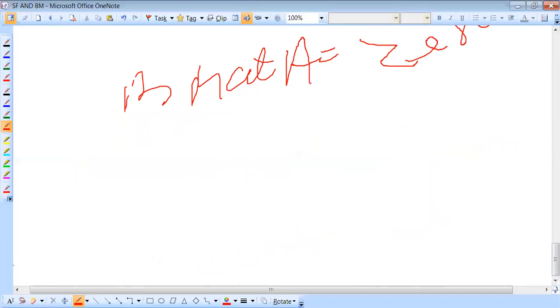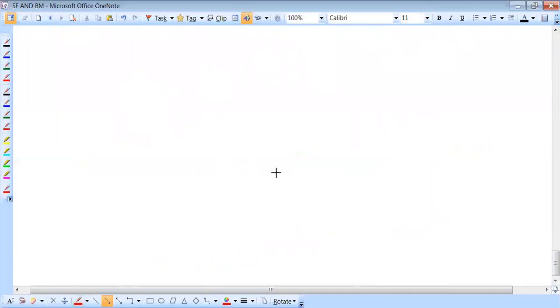First of all, you draw the loaded beam. One end, I draw this one, or erase this one. Okay, this one.